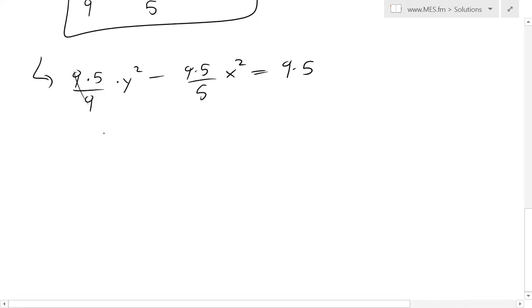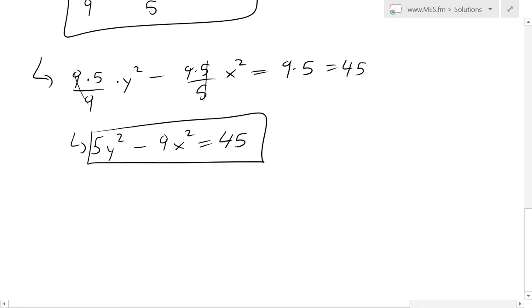Now the 9's cancel, the 5's cancel, and this equals 45. So we get 5y squared plus 9x squared equals 45, and this is just another way of writing the equation of an ellipse.